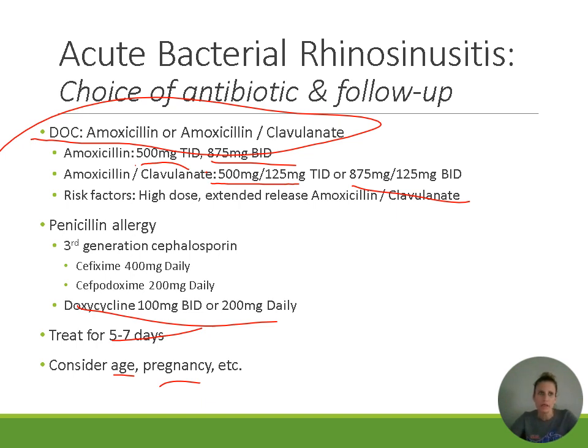What else? Comorbid conditions are always going to be something that you look for. And then always caution your patient regarding the possibility of antibiotic-associated diarrhea or opportunistic infections like yeast infections that can occur, especially if you go for these higher dose Augmentins.